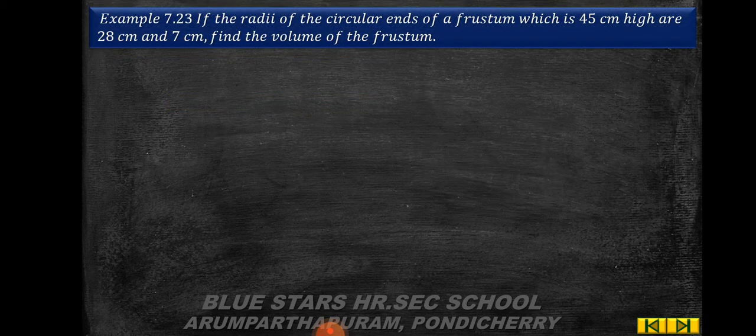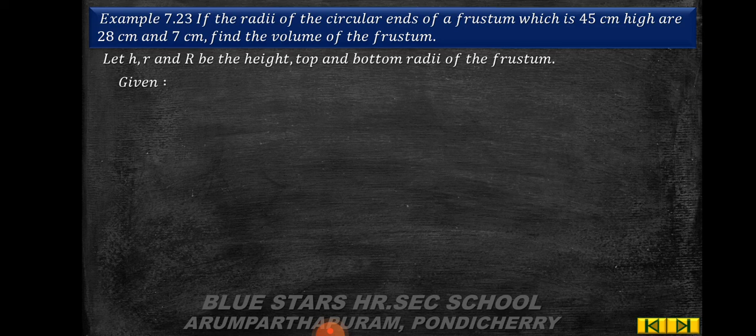Example 7.23. If the radius of the circular ends of a frustum, which is 45 cm high, are 28 cm and 7 cm, find the volume of the frustum. Let h, r and capital R be the height, top and bottom radius of the frustum.